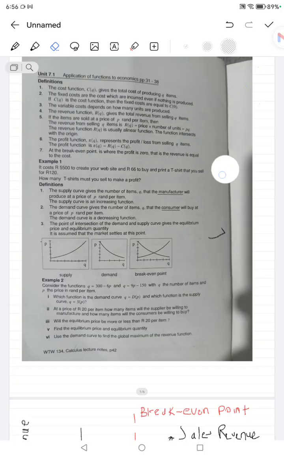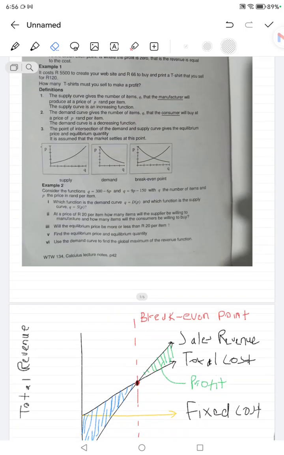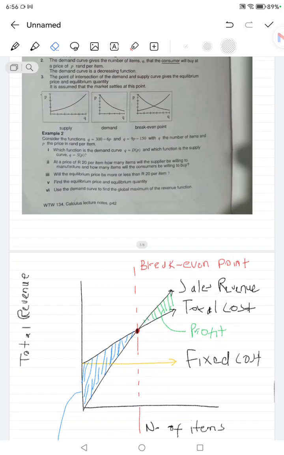Then we go and check. Where were we? Oh, we were at the example. They are saying at a price of 20 Rand per item, how many items will the supplier be willing to manufacture, and how many items will the consumer be willing to buy?